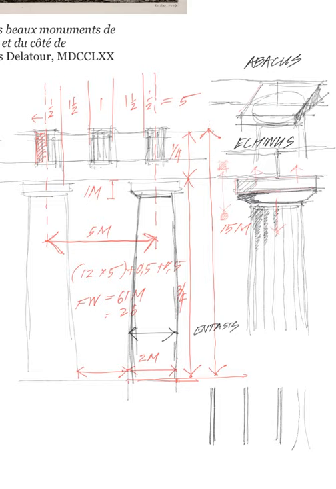By giving the column a bulge, it's a correction of the concave visual appearance that a straight column would have.